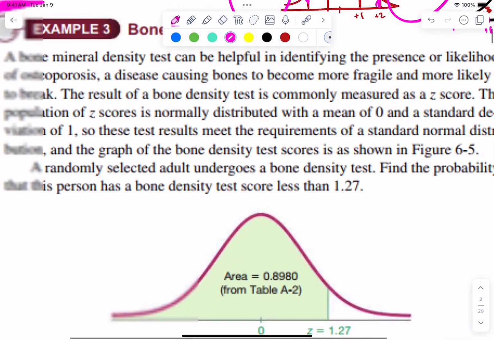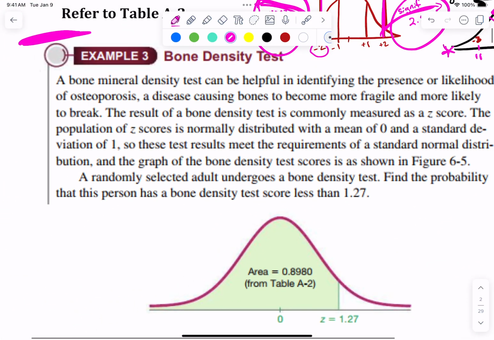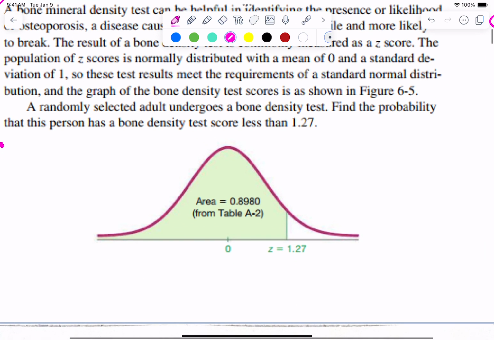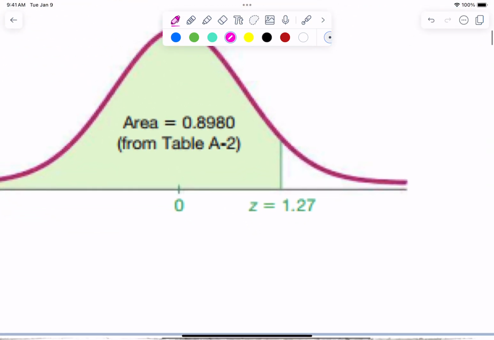Let's go to the first example, which is example 3, and we're talking about a bone density test. So I'll summarize this for you. We have a gal who has a bone density level that has a z-score of 1.27. However they measure bone density, they do this for women who are at risk of osteoporosis. Do you know what that is? Like a lot of times when you have curvature of the spine, or if you have low bone density, you have to take vitamins and supplements and stuff.